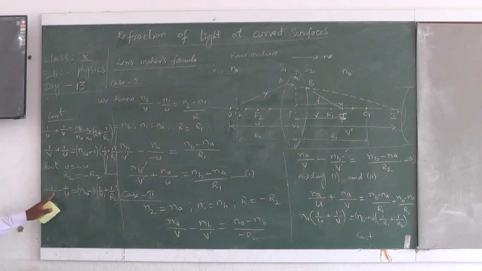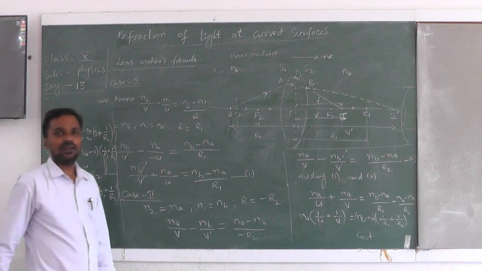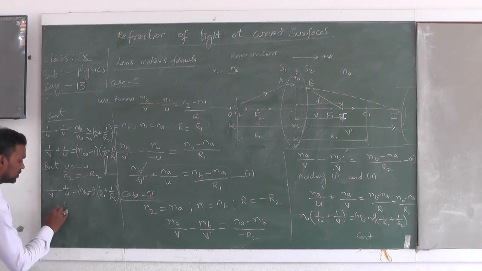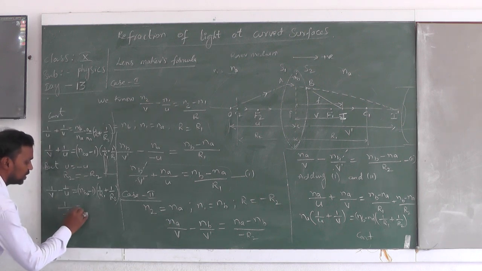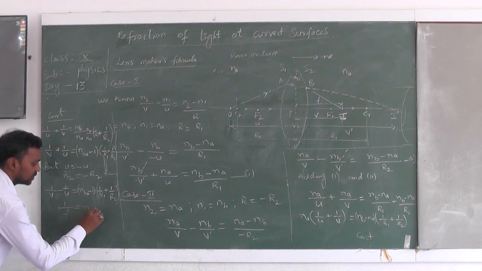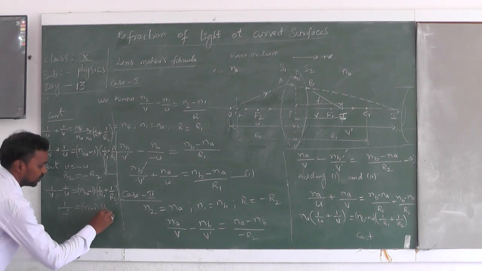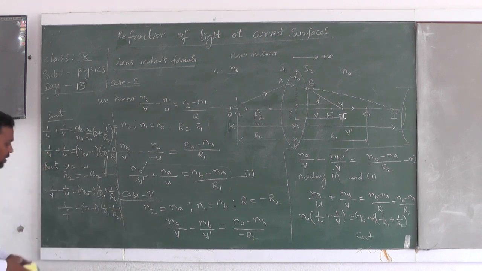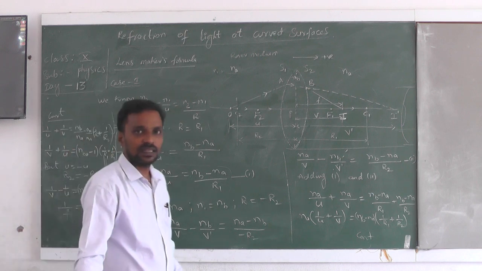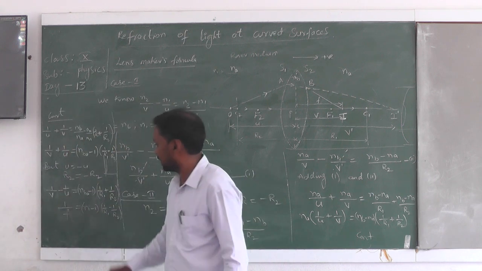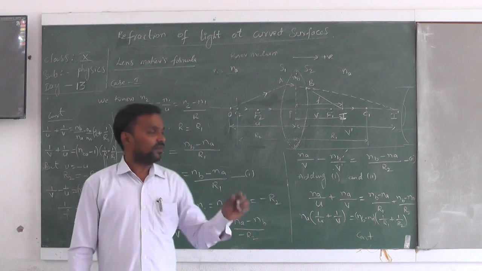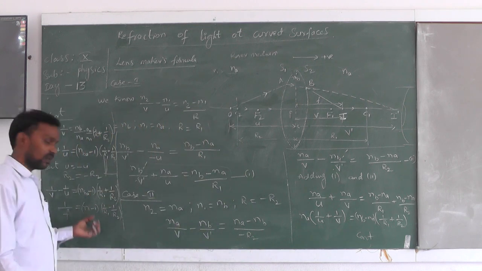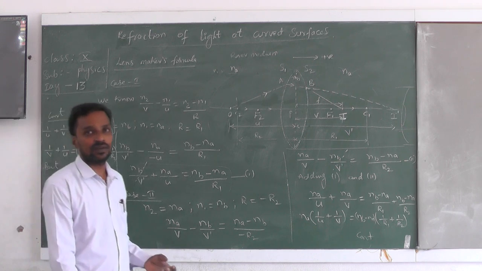This 1 by V minus 1 by U is nothing but the formula for a lens. So this is the lens equation or lens formula. That means 1 by F is equal to N minus 1 into 1 by R1 minus 1 by R2 according to sign convention, where N is nothing but this. Why have we taken N like this? When the lens is placed in air, the refractive index of air is taken as the absolute refractive index.